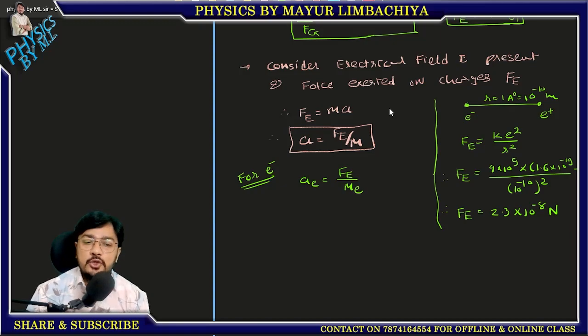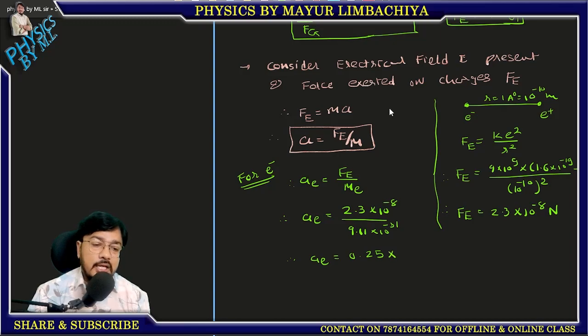Now we will substitute the value here. ae is equal to 2.3 into 10 raised to minus 8 divided by 9.11 into 10 raised to minus 31. So dear students, when you solve this, you will have the value 0.25 into 10 raised to 23 meter per second square. So this is the acceleration of the electron.